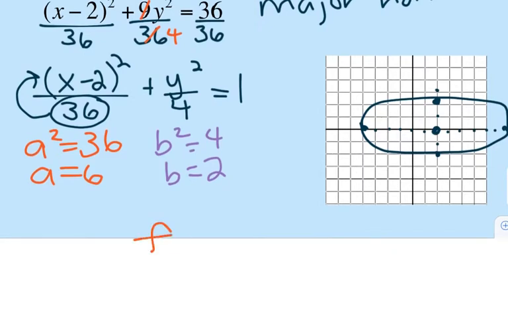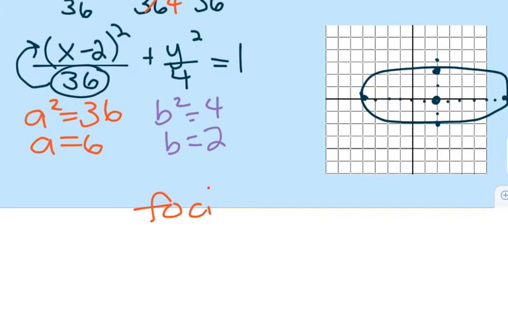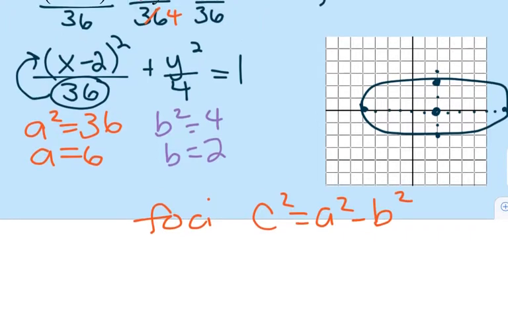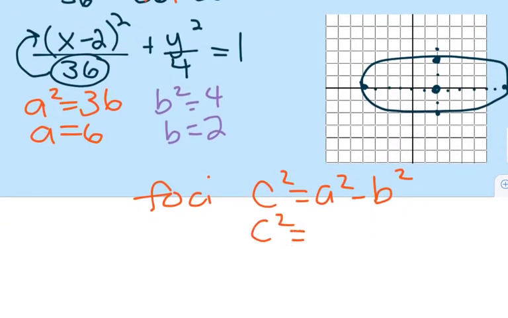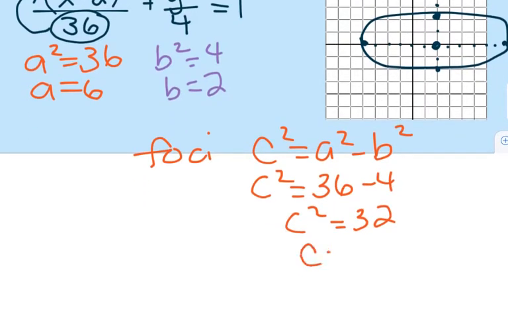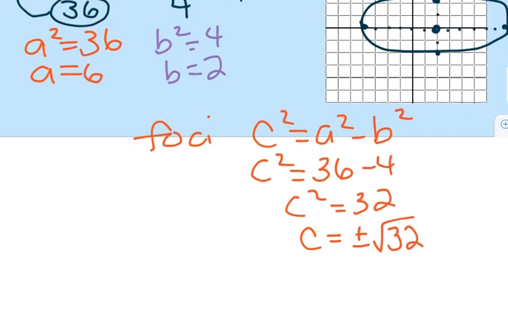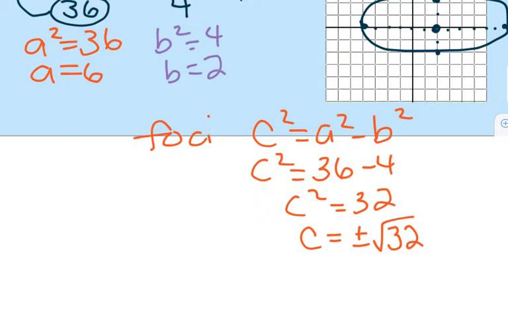And then the foci, c squared equals a squared minus b squared. So c squared equals 36 minus 4, c squared equals 32. So c would equal plus and minus the square root of 32. So before I simplify that, I'm going to pay attention to the fact that it's in between root 25 and root 36.